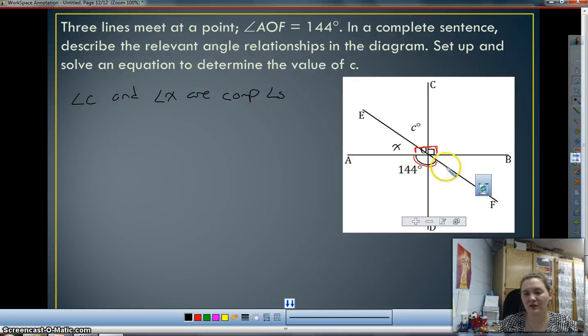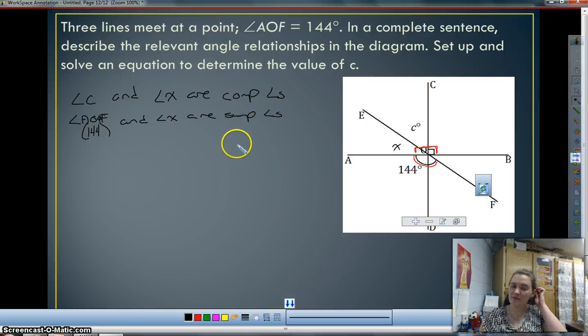If you continue to look, this is a nice straight line, which means angle AOF, which is also our 144 degrees, and angle X are supplementary. So if we find X, we can use it to find C. So let's see, 144 plus X equals 180.